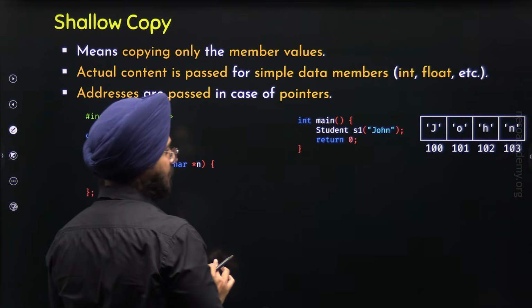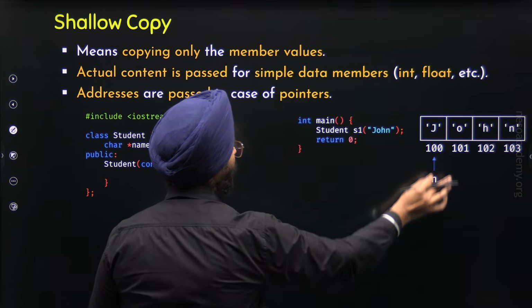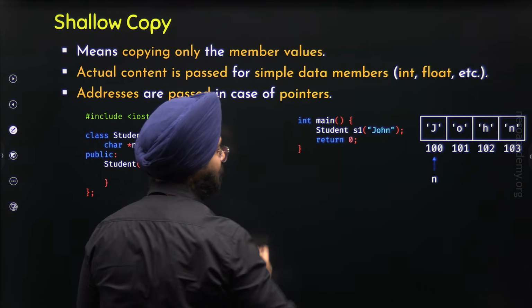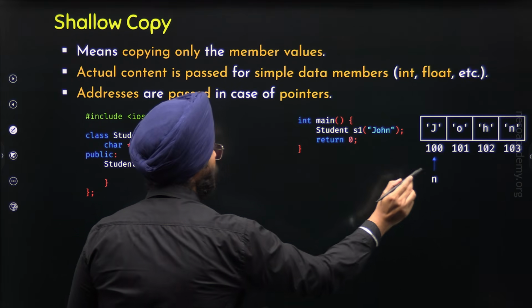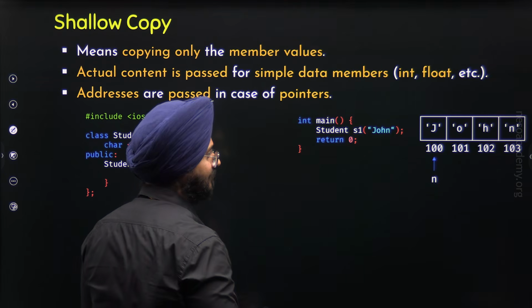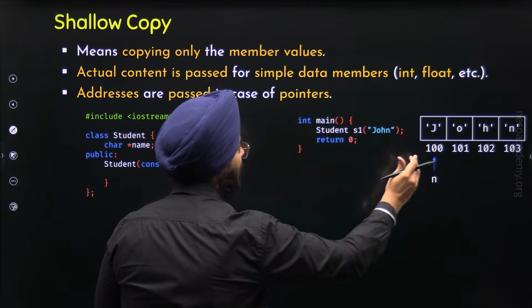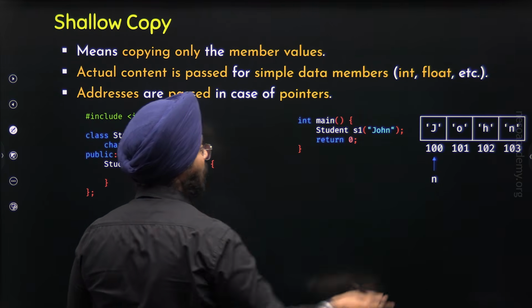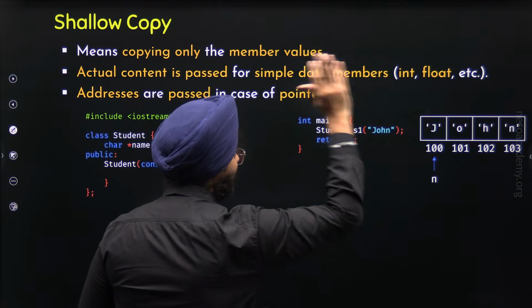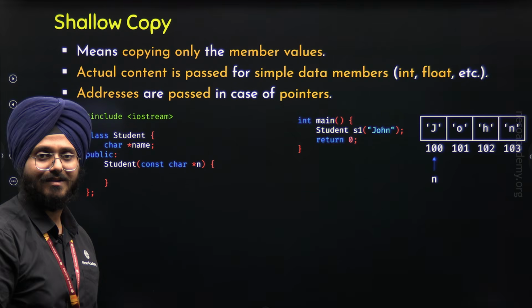So, one thing is clear that n is pointing to this specific character. Now, as I have mentioned already, n is holding the address 100. We know the remaining addresses are in increments of 1. This means from this address, we can access the remaining addresses as well.